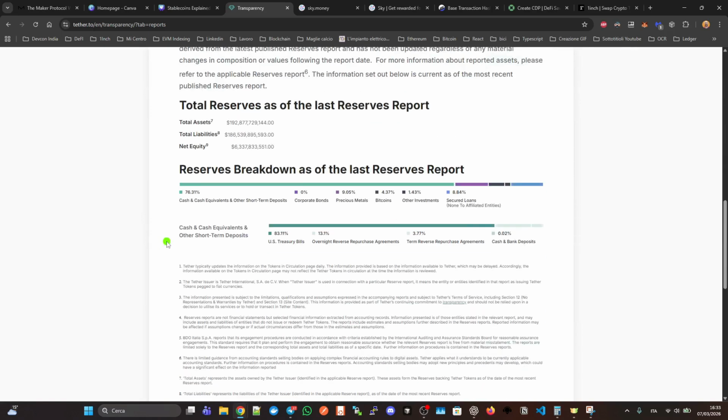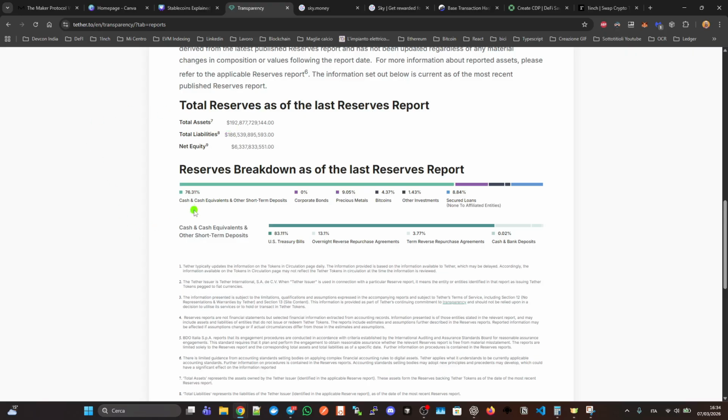You can see the breakdown of the reserves of USDT, because they claim that of the overall value of the assets, this one, this is the overall value of the assets that are backing the tokens.